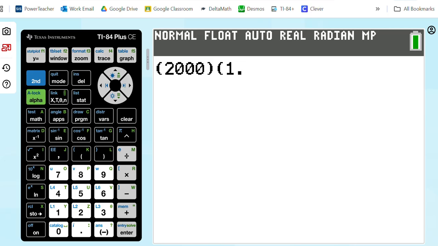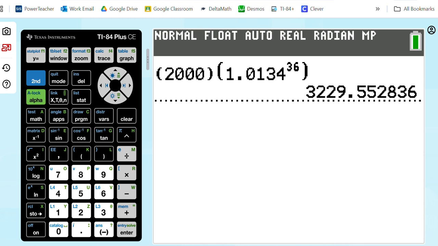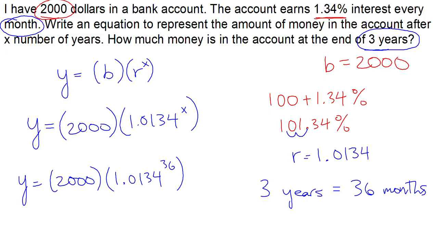We'll put our 1.0134 to the power of 36. And we will get 3,229.552836.